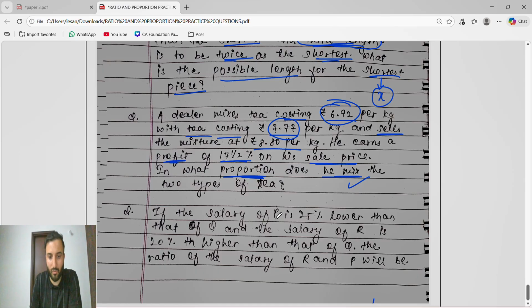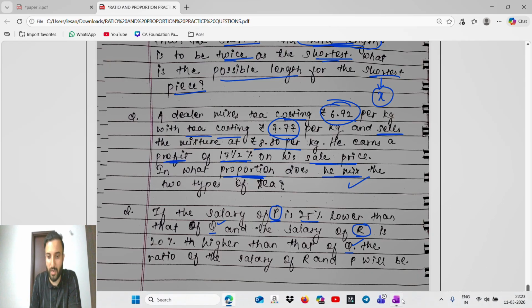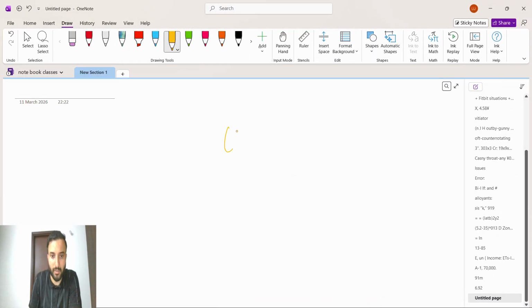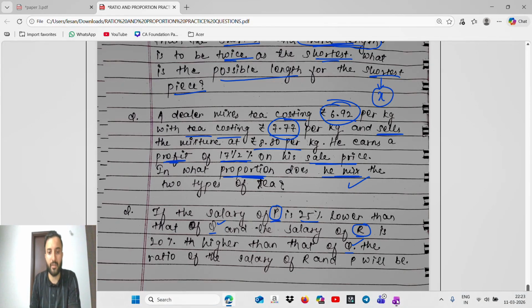If the salary of P is 25% lower than that of Q and the salary of R is 20% higher than that of Q, the salaries of P and R are both compared with Q. So we will take Q's salary here, then P's salary, then R's salary.